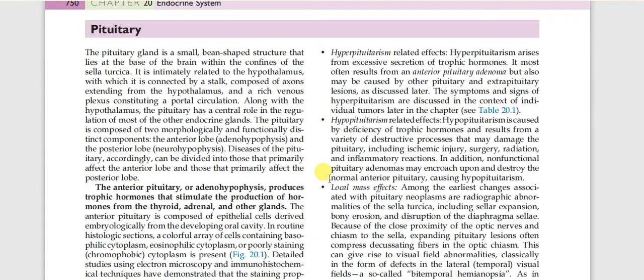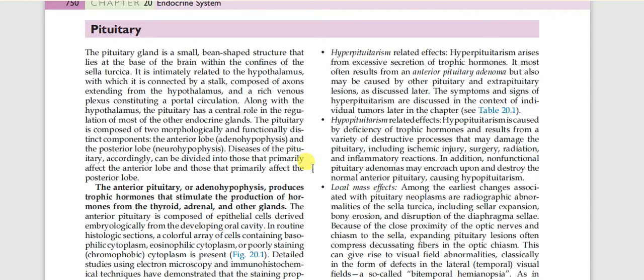First of all, let's remind you what the pituitary gland is. The pituitary gland is an endocrine gland, a totally endocrine gland, but it's made as a mixture of ectoderm and neuroectoderm.